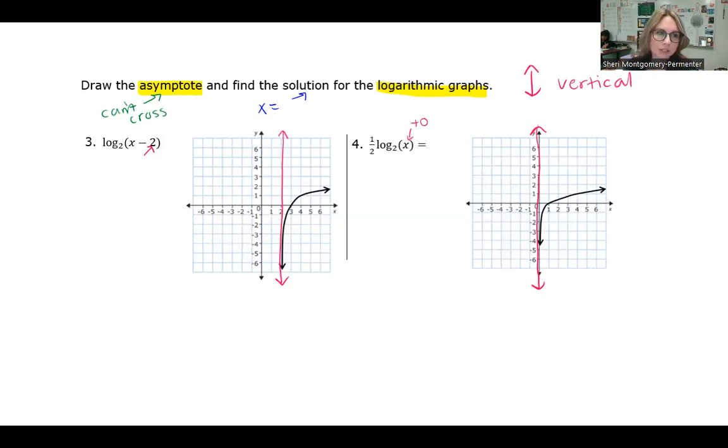But that's not the question. That's not what we're trying to find. We're trying to find the solution. Where does your graph cross the x-axis? You should go put a point on the graph where you think it's crossing the x-axis.